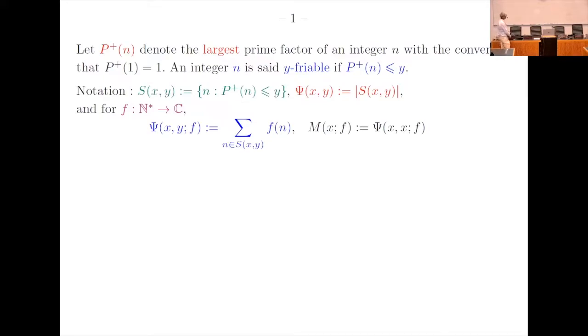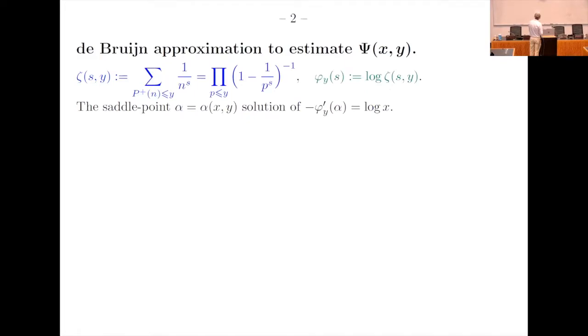And when y equals x, so that there is no hypothesis on the prime factors, I will write M of x,f. This is joint work with Gérald Tenenbaum, but I will present some results from the literature to explain what we did.